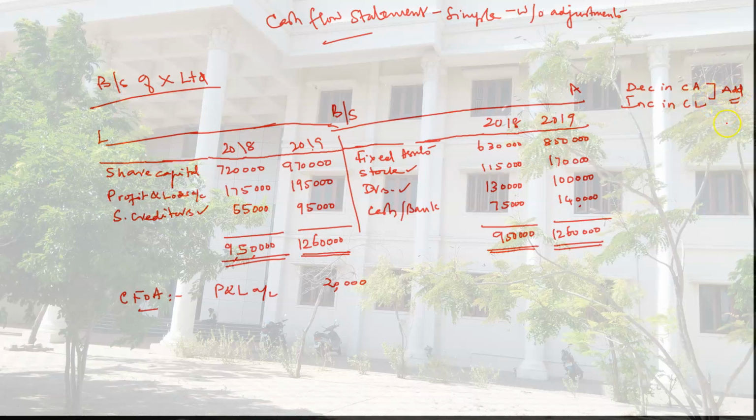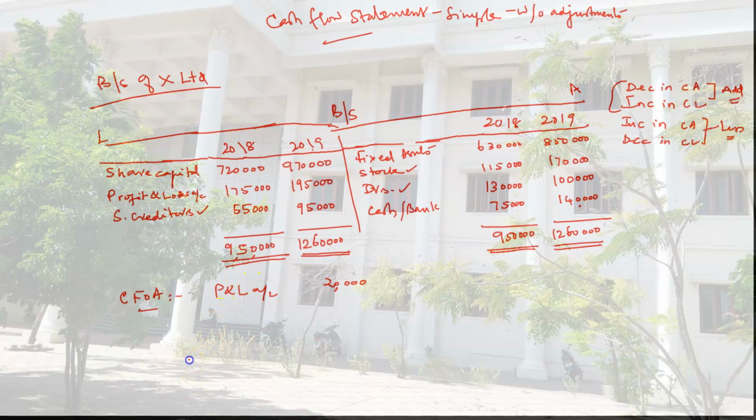So the opposite should be taken as less. Increase in current asset and decrease in current liability are to be taken as part of less. Because your investment in stock increases, your cash position will reduce. That is the reason why we are taking it as a less item.